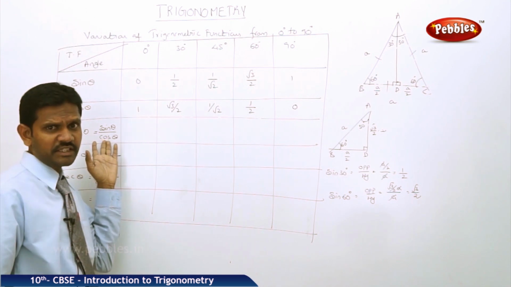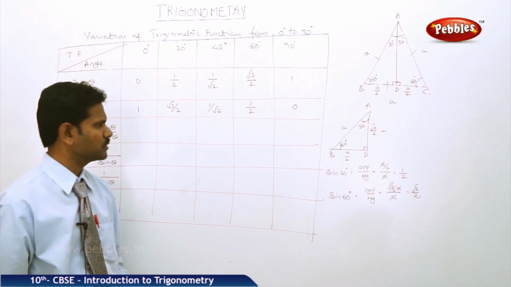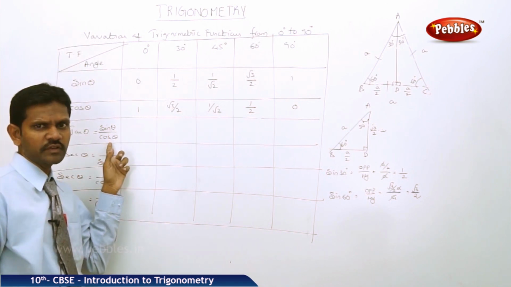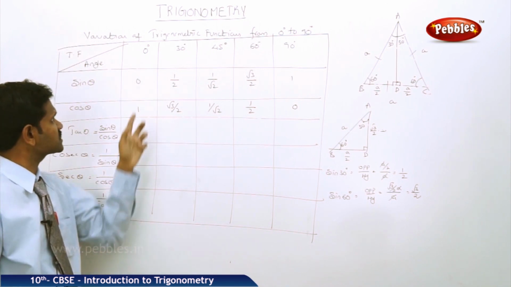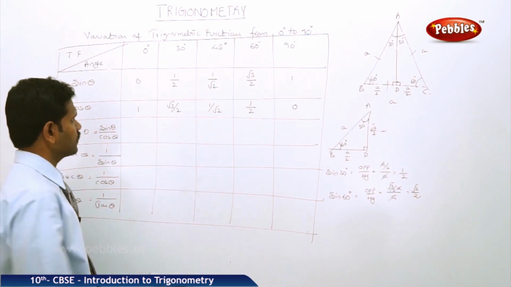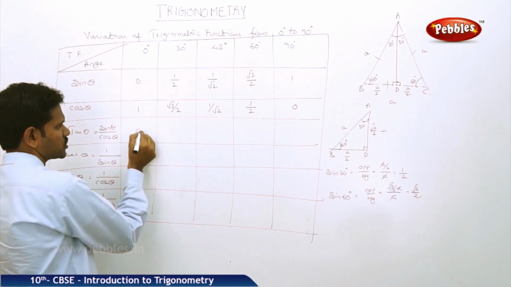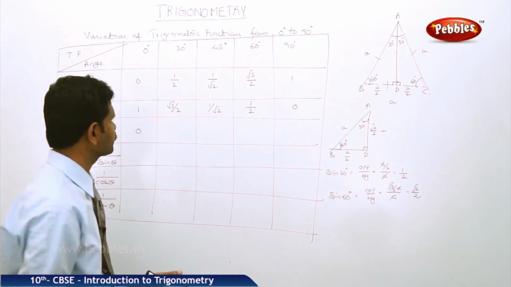Now, tan theta. How to find the value of tan theta from 0 to 90? Tan theta definition we know very well: sin theta by cos theta. The sin value is here, the cos value is here. Sin by cos, divide 0 by 1. 0 by 1 is nothing but 0. 0 by any number will give you 0.